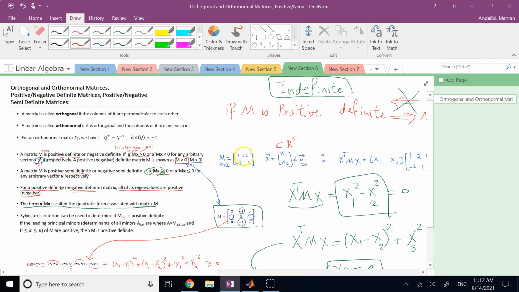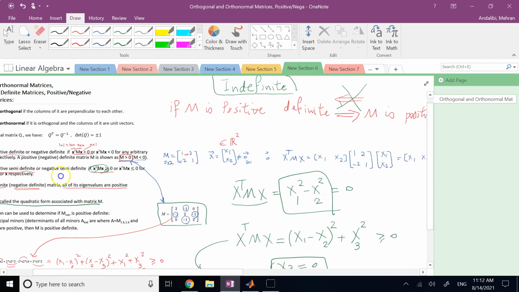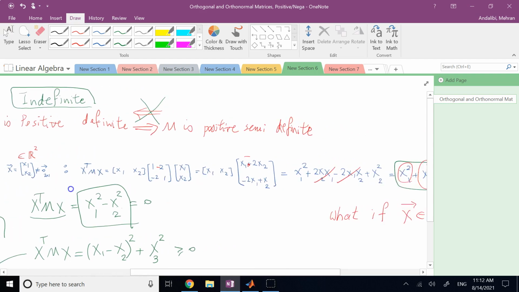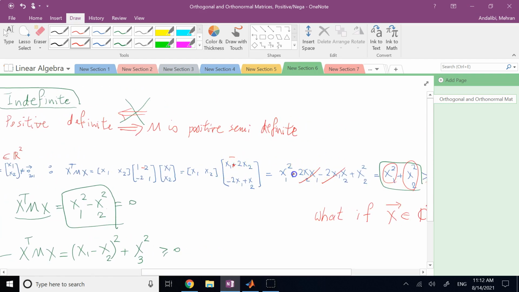If I made it symmetric like this, -2 and -2, then what would have happened? So here you would have a -2, and that means here you will have a -2.